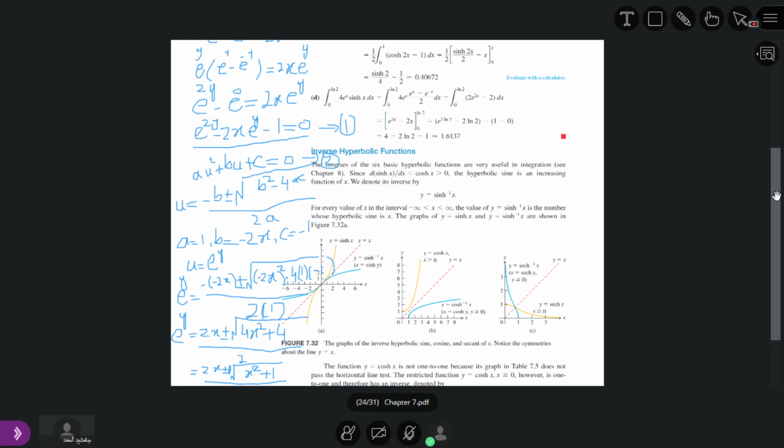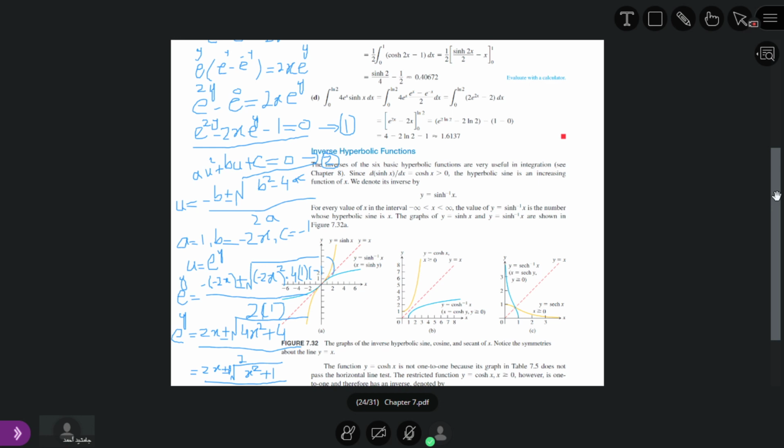Now we find out some values on the right. Here, if we put x is equal to 2, it becomes 2 plus minus square root of 4 plus 1. So 4 plus 1 is equal to 5. And if we take negative here, we have a plus minus option. If we take negative, we get here 2 minus square root of 5.